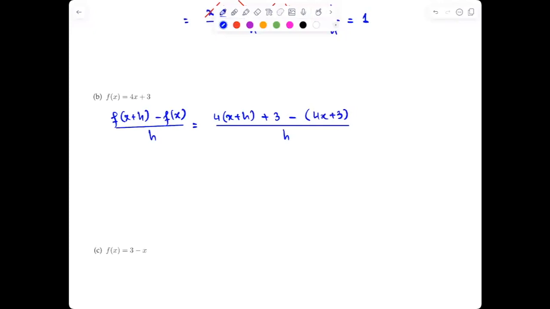All right, simplify the numerator as much as you can. So first, I'm going to distribute 4 into the parentheses, and then the negative into the parentheses. So on the numerator, I got 4x plus 4h plus 3 minus 4x minus 3, all together divided by h.